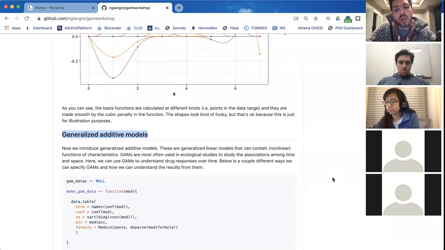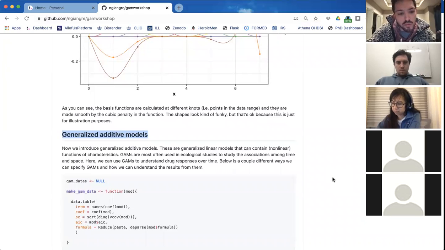These are linear models, like logistic regression, but they can also contain nonlinear functions of characteristics. GAMs are most often used in ecological studies to study associations among time and space, or in geography. But here I'm going to use GAMs to understand a drug response over time, or over childhood.